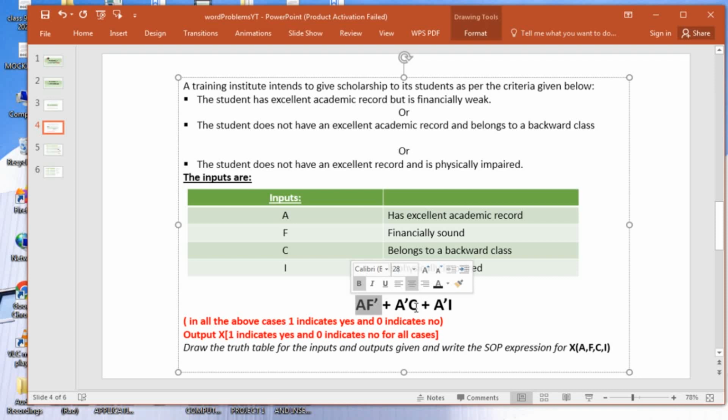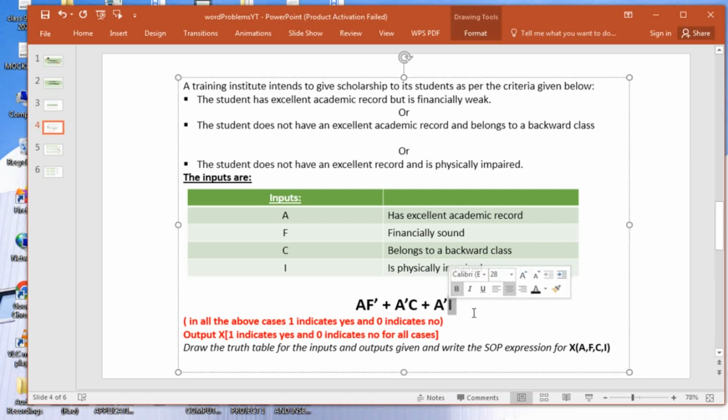My second term would be: the student does not have an excellent academic record, so that is A bar, and belongs to a backward class, which means C, right? And the third term would be: the student does not have an excellent academic record, so that is A bar, and is physically impaired, that is I, right?